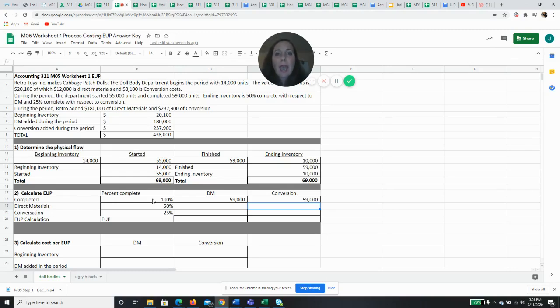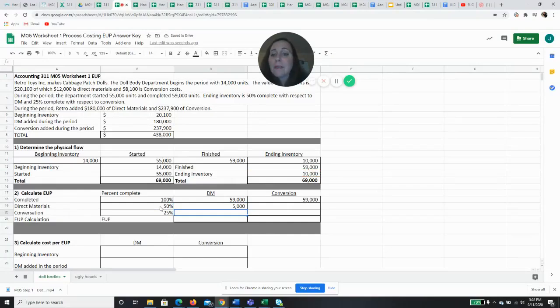Now we're going to look at our ending inventory. And our ending inventory, by definition, is not complete. It's our WIP ending inventory. But we're saying, hey, given the amount of ending inventory units we have in various states of completeness and the percentage that we know it's complete, how much for that same effort, what are the equivalent units that we could have completed? So for direct materials, I'm going to say plus our ending inventory balance times our ending inventory is 50% complete, and we come up with an EUP of 5,000.